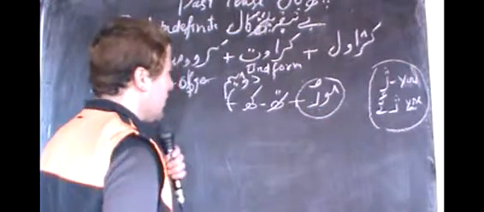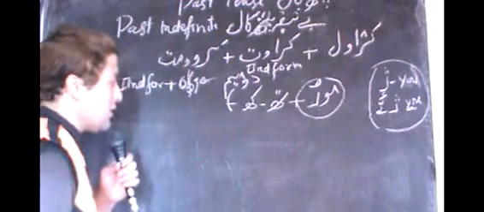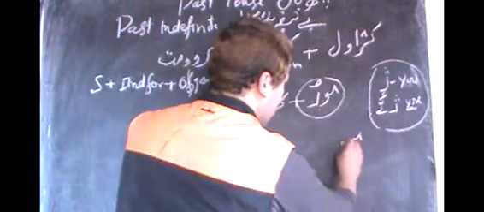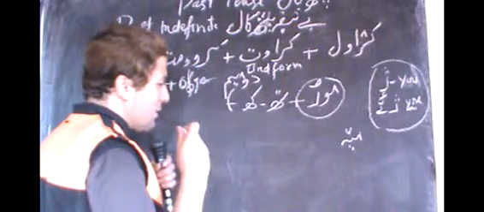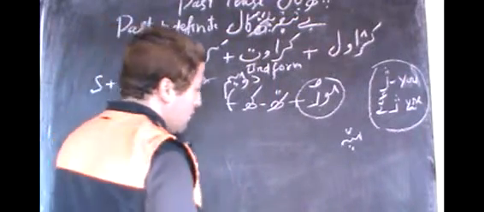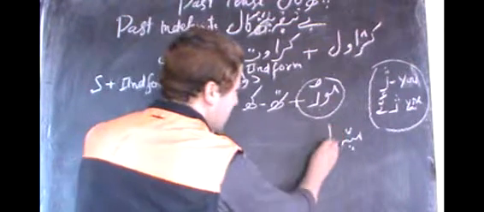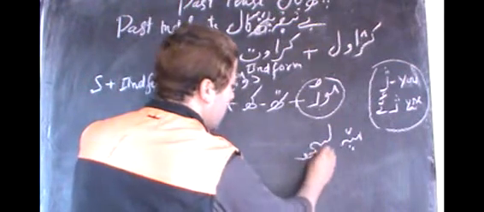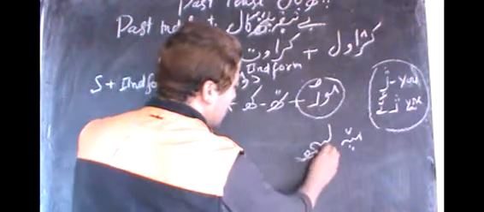So this was the formula, and I will now make some sentences according to this formula. So we'll use first the first person subject, like me, meaning I. If I have to say I wrote, I'll write here me lich kitab.